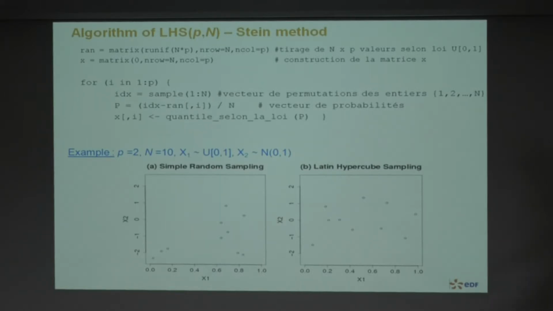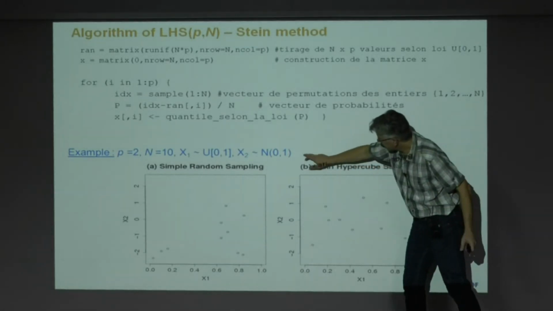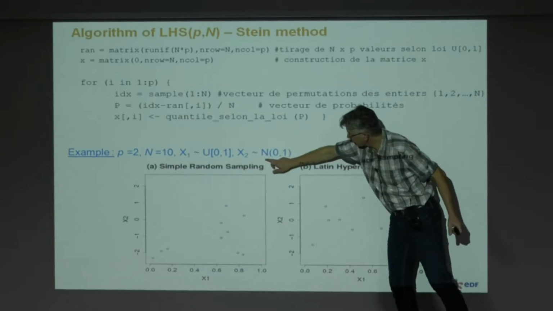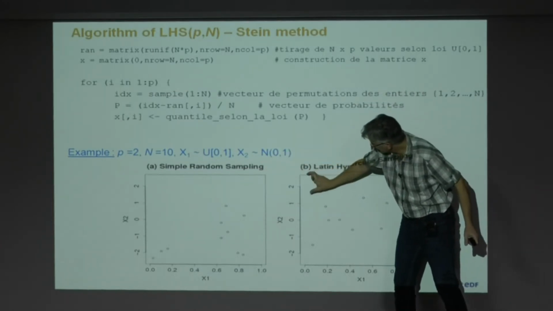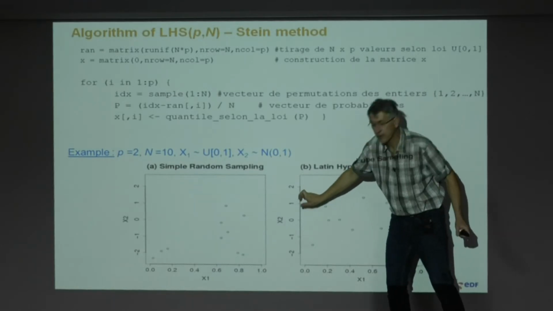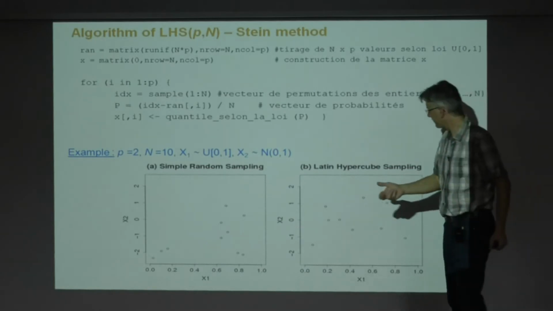So you can make a quantile transformation, and so you will have, for example, in this example, my second component is a Gaussian, a normal distribution. So the strata are not of equal size, but they are of equal probability.